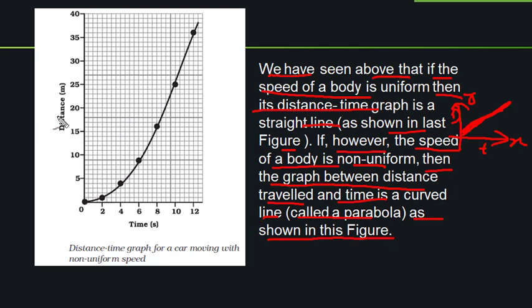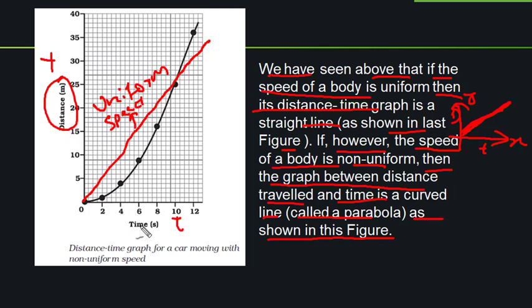So you see here, this is distance and this is time. Distance is always on the y-axis and time always on the x-axis. Now here you see this curve. But in the uniform speed case, we saw a straight line. Here you see this is like a parabola. So a straight line is called the uniform speed graph.